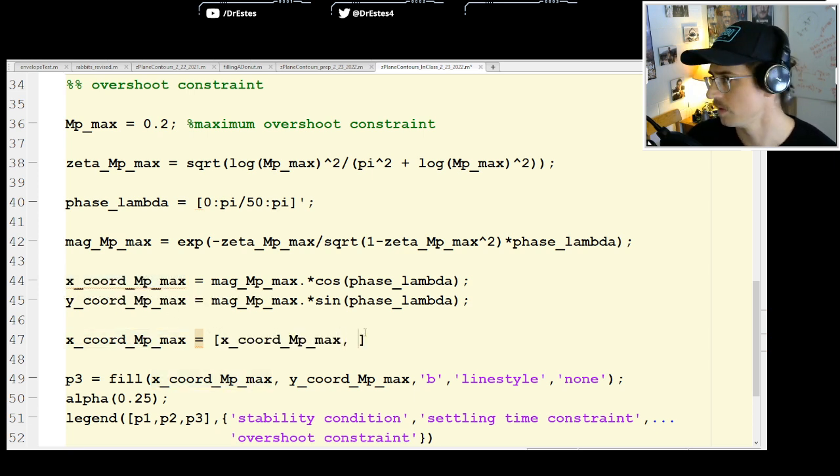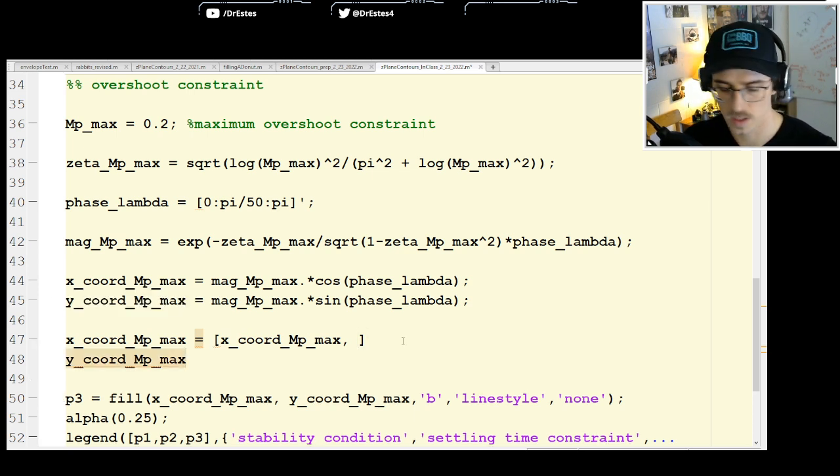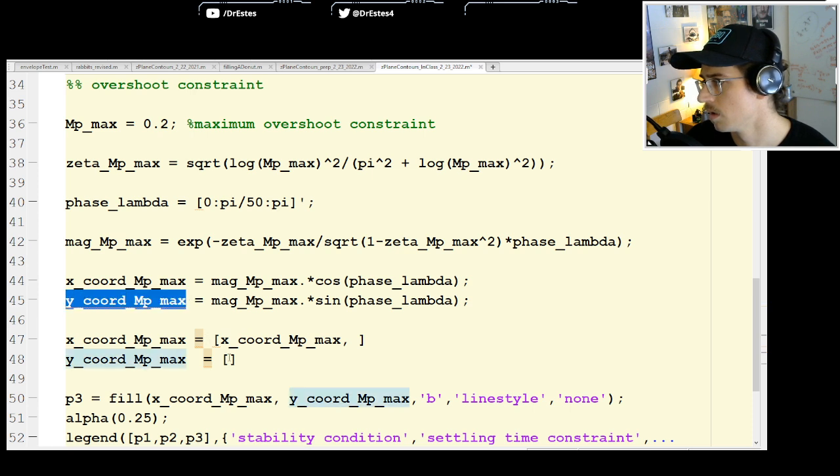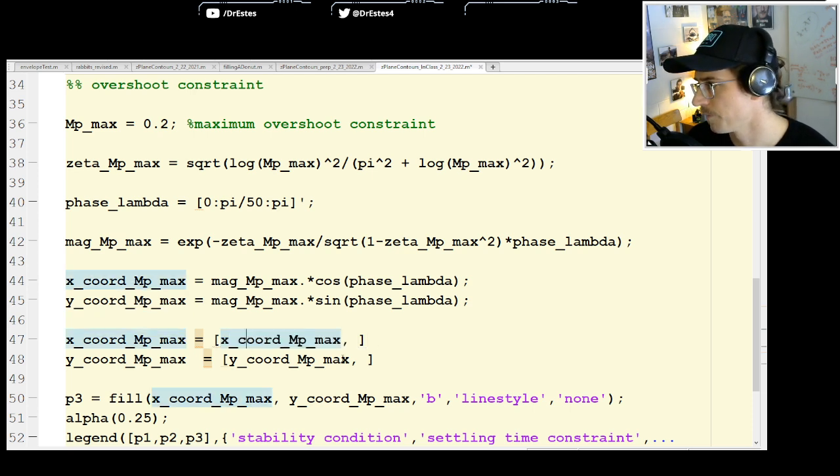Let's just put these as placeholders right now. I'm going to take y coordinates and then y coordinates, so this is our original set, but now we're going to add extra.